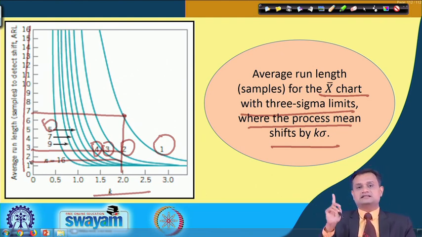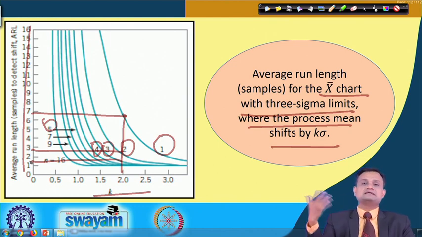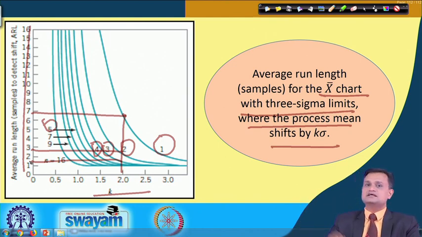It tells that if I increase the sample size, then on an average the number of samples required to detect a change in the process reduces. It means I would be able to detect the change early. So again, with increasing n, my discriminatory power in terms of ARL is increasing.